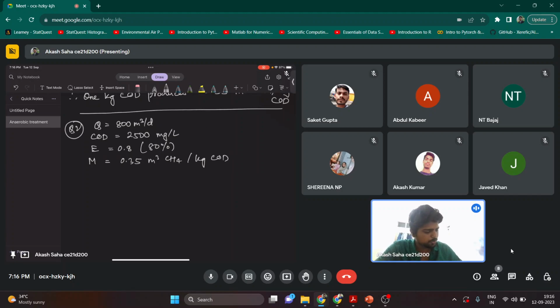So first we will find out the volume of methane. Here we are finding the volume of methane per day, so it is nothing but the flow of CH4.